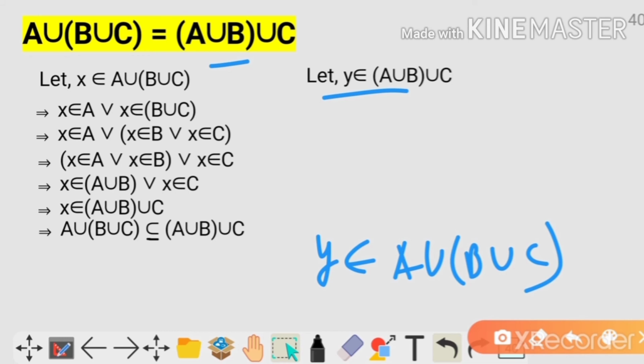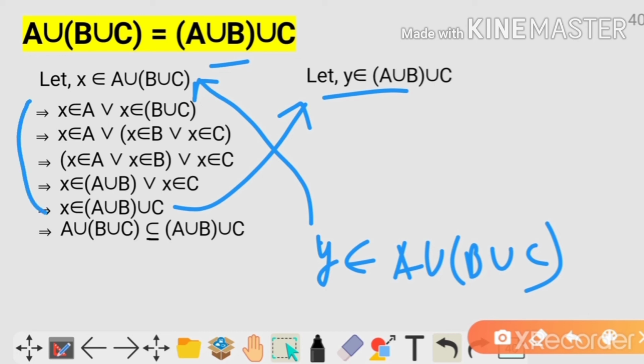So the trick is, if you look at this line, it's similar to this line, and similarly this line is also similar to the first line. So we don't prove it actually, we'll just write all these lines in the reverse order and just change this x with y.